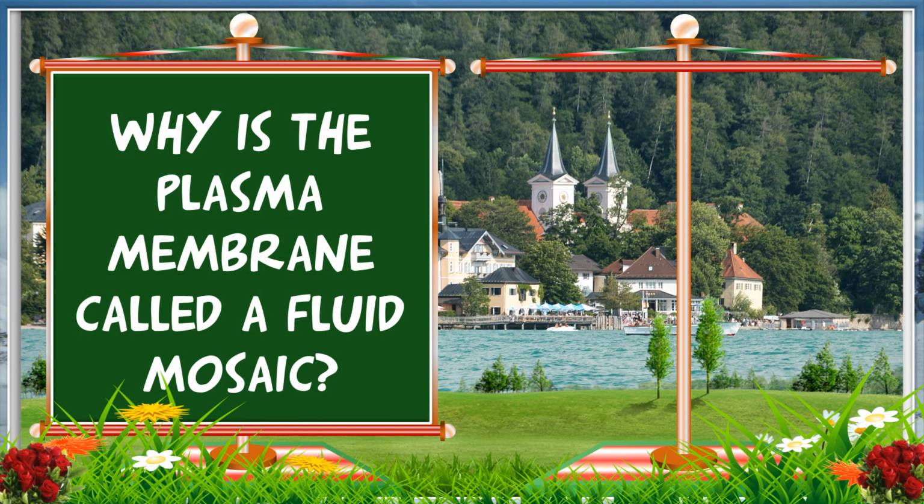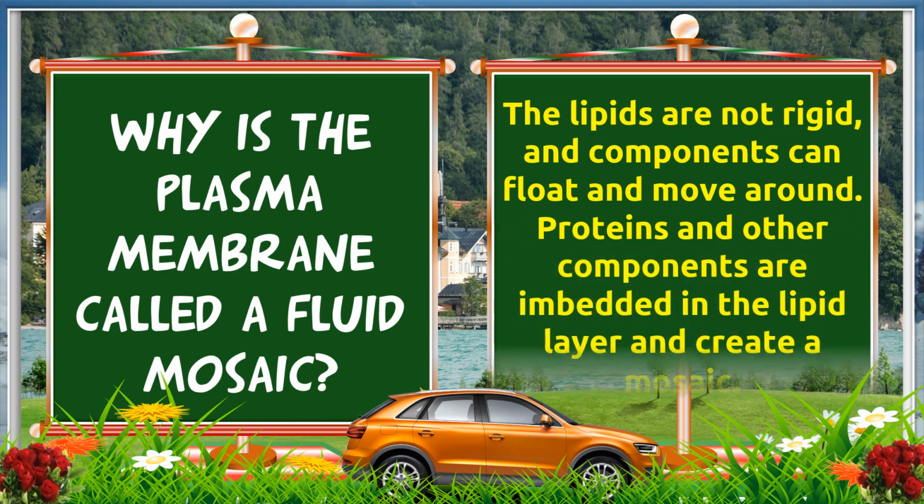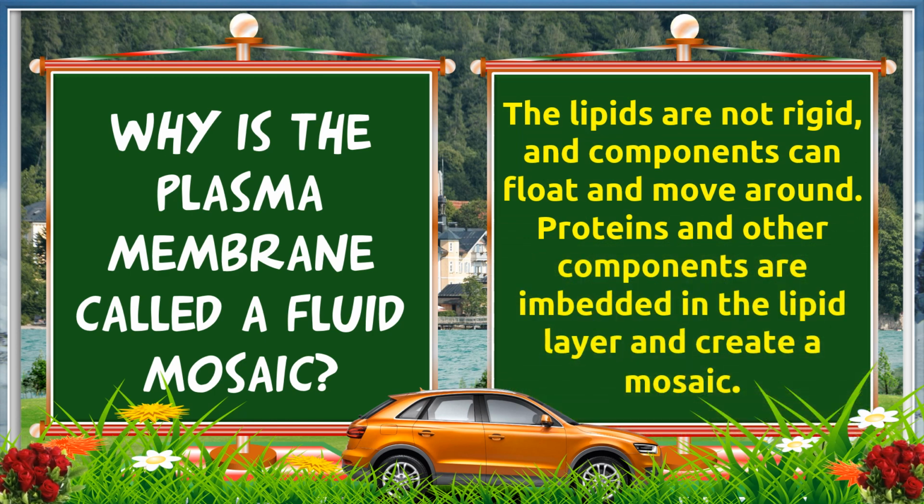Why is the plasma membrane called a fluid mosaic? The lipids are not rigid. The components can float and move around. Proteins and other components are embedded in the lipid layer and create a mosaic.